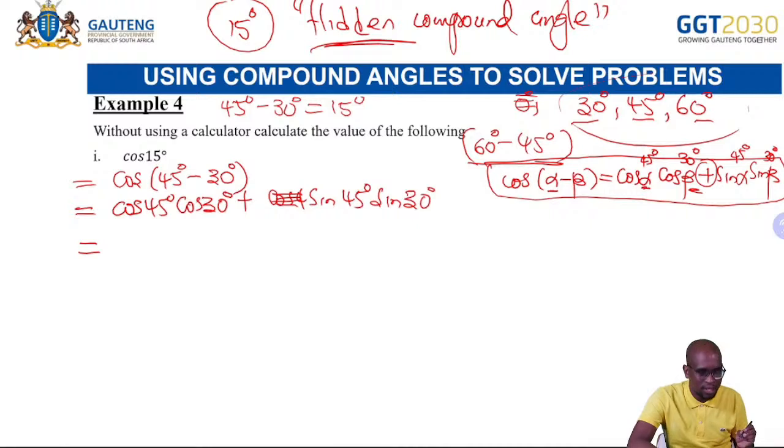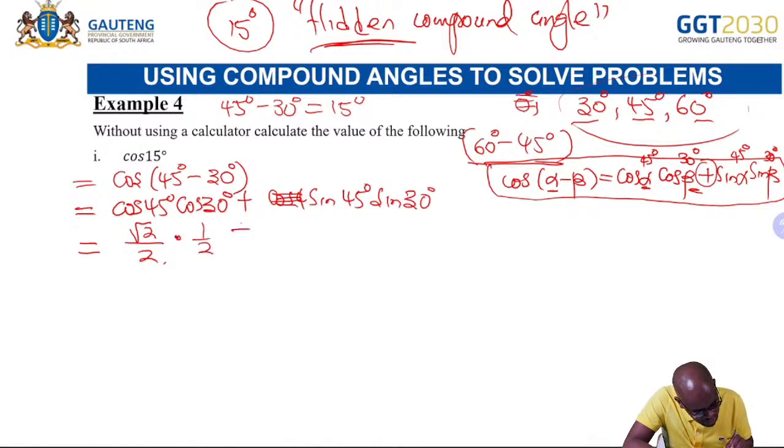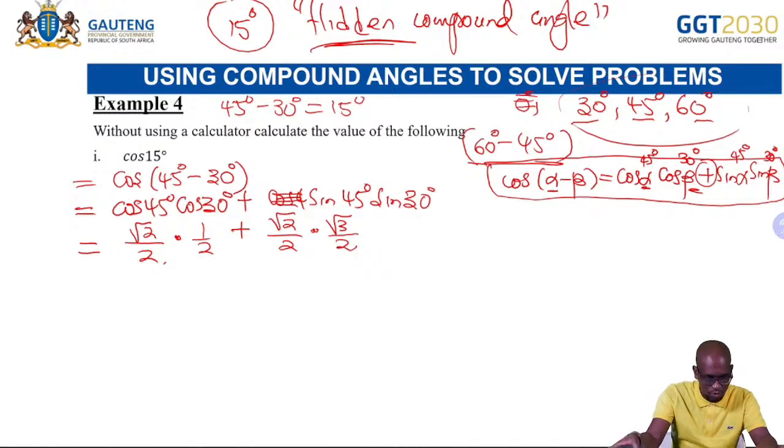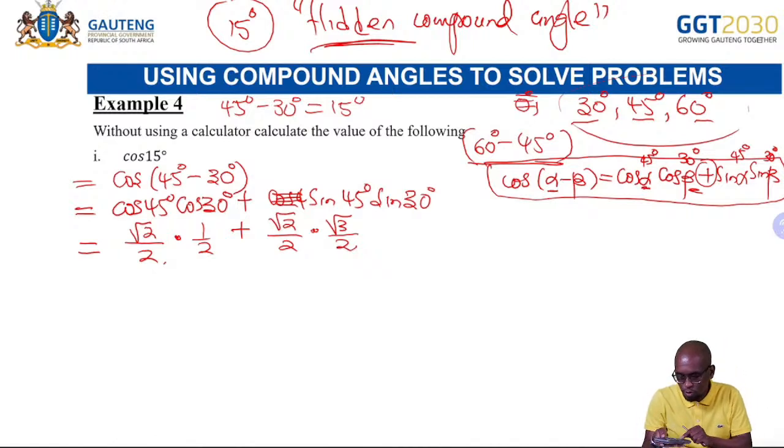So to simplify this, we know cos 45 is root 2 over 2. It's a special angle. Cos 30 is a half. Sine 45 is root 2 over 2. Sine 30 is root 3 over 2. Right? We can just confirm those using our calculators there, just to make sure that we are having the right thing.